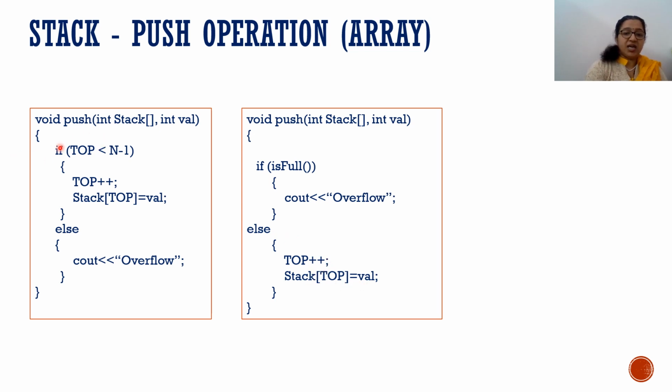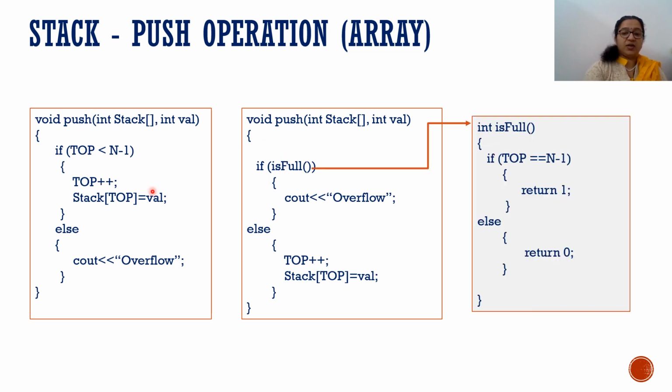But this checking, we can make it inside that isFull function. See, I'll show you here. Int isFull. Int, return type is there. There is no argument here. It's empty. So we are checking if top is equal to n minus 1. Top is equal to n minus 1 means, just imagine that example, top is 7 or not.